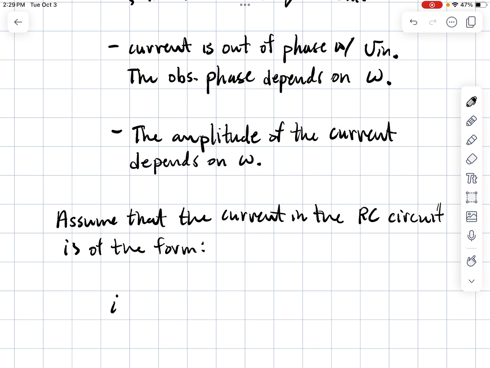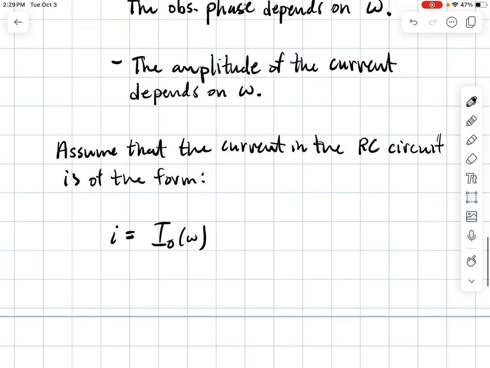The current is going to have an amplitude, and I'll call the amplitude I naught. We said that that amplitude is going to change with frequency, so I'll put in the frequency dependence. And so this is our frequency dependent amplitude.